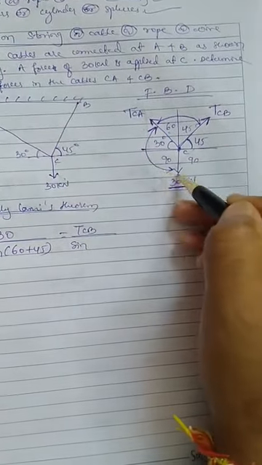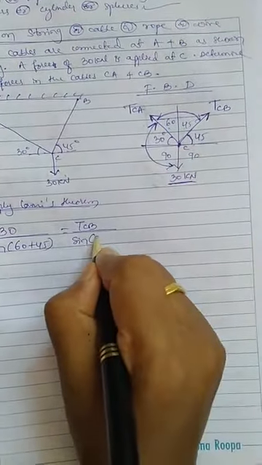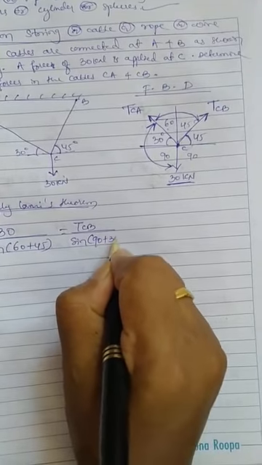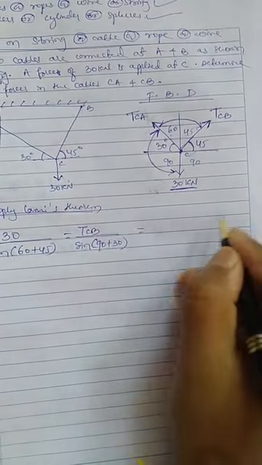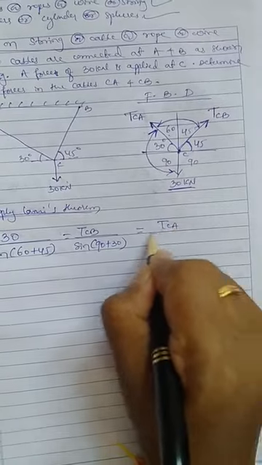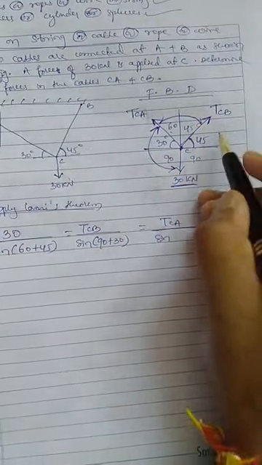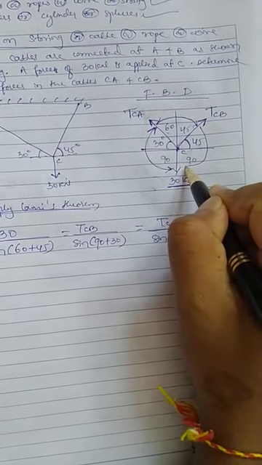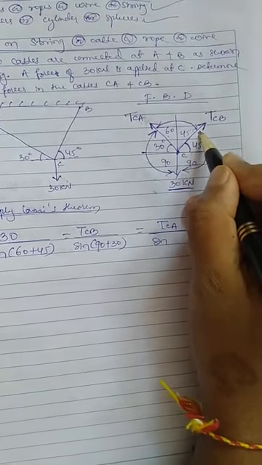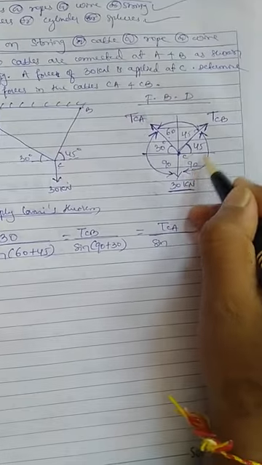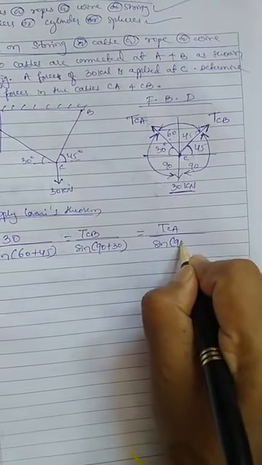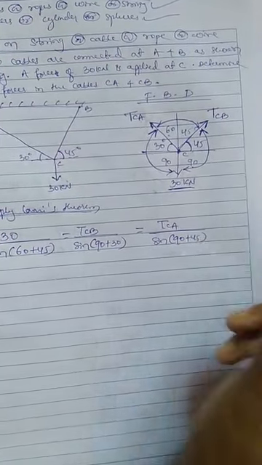The angle between these two is 90 plus 30, or 30 plus 90, both one and the same. Now I will consider TCA divided by sine of the angle between the opposite two forces, which are TCB and 30. The angle between these two is 90 plus 45, or 45 plus 90, both the same.